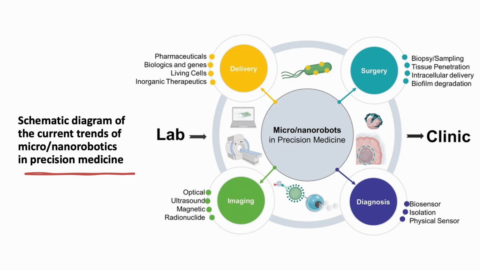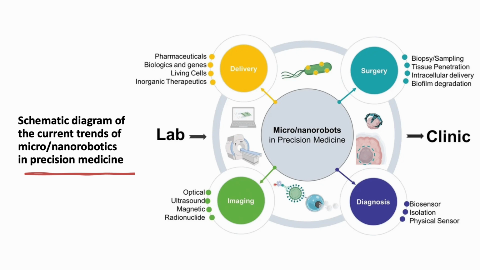Also delivery of living cells and inorganic therapeutics. We can also use nanorobots in precision medicine in imaging. Here we went over a few examples of using them in optical, ultrasound, magnetic, or radionuclide imaging.